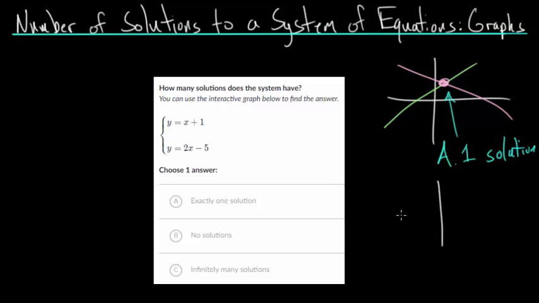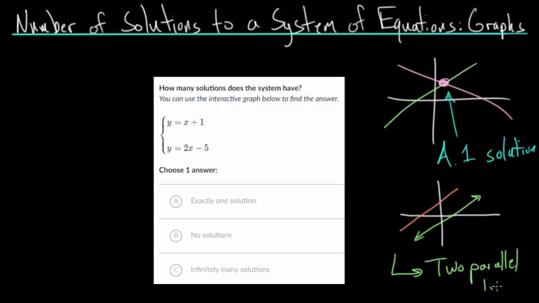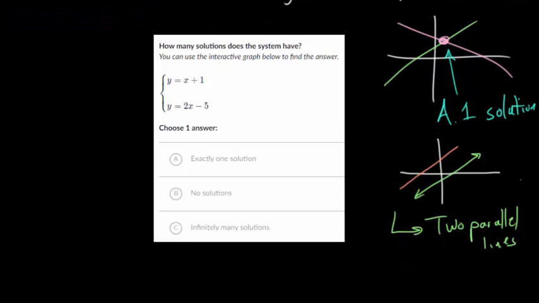You could also have a scenario where there are no solutions. And graphically speaking, what's happening there is you have these two lines that are going to be parallel to each other. So if the two lines are parallel, they're not going to cross. So we can say two parallel lines. And you want to think about it, what makes a line parallel?